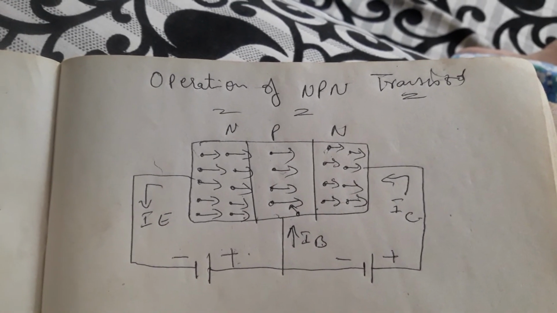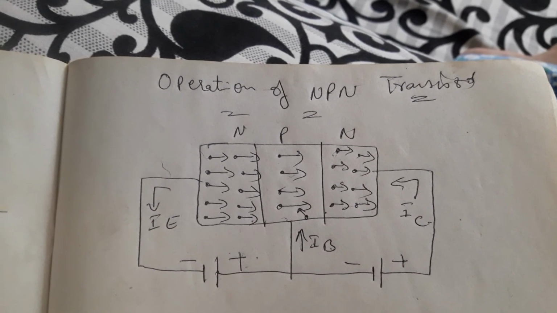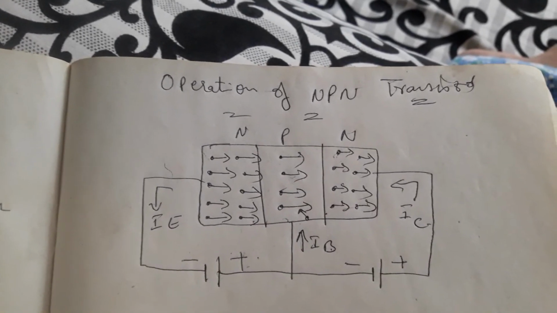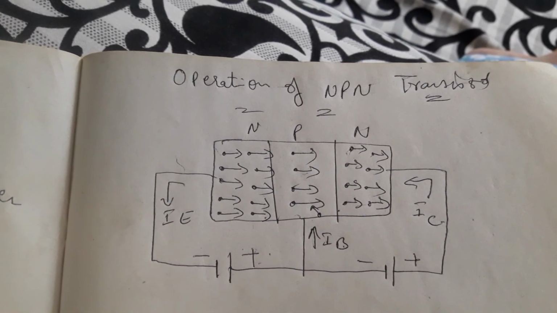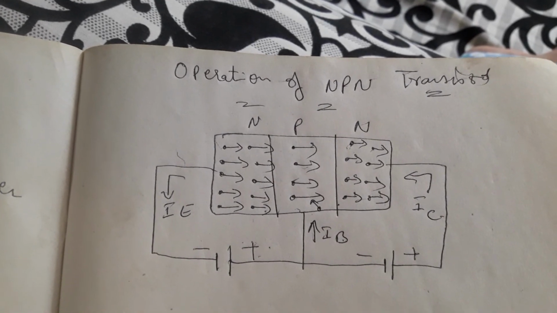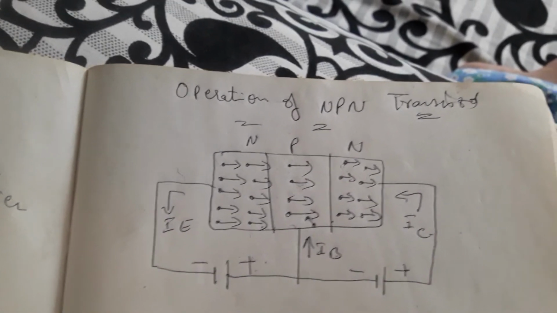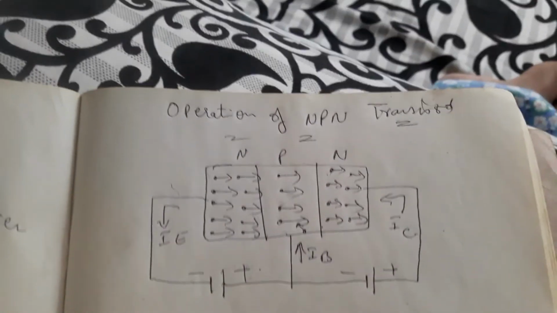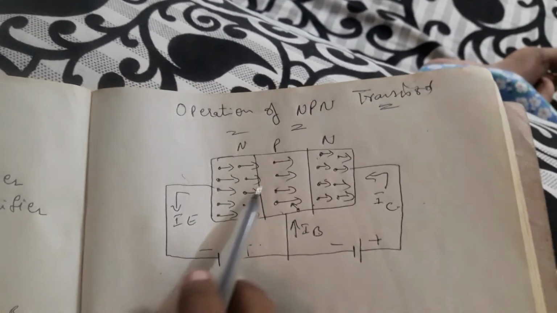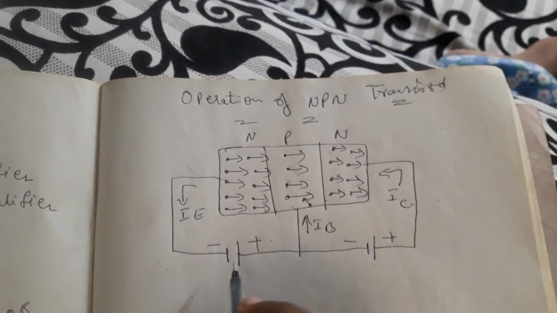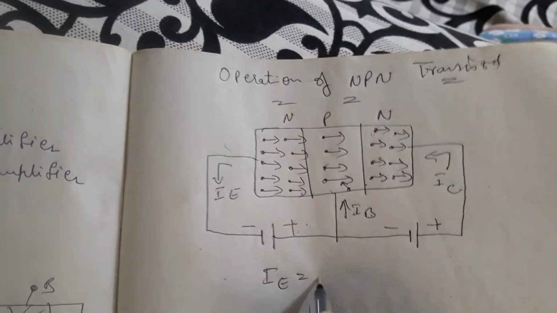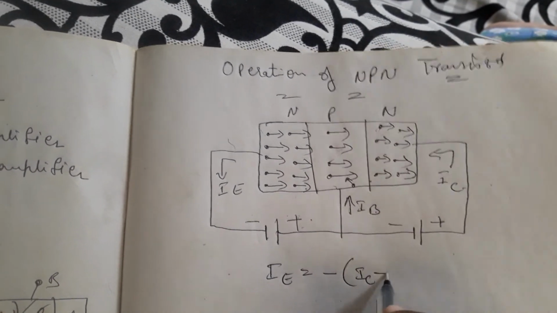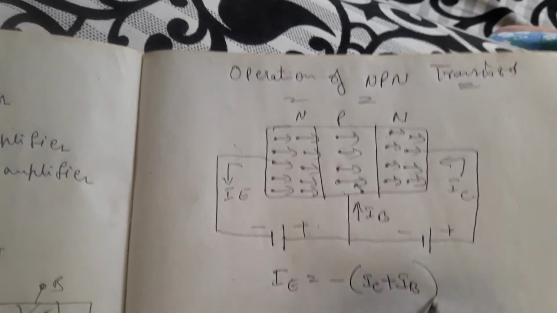Hence a few electrons combine with holes to constitute a base current IB. The remaining electrons cross over into the collector region to constitute a collector current IC. Thus the base and collector current summed up gives the emitter current, so IE equals IC plus IB.